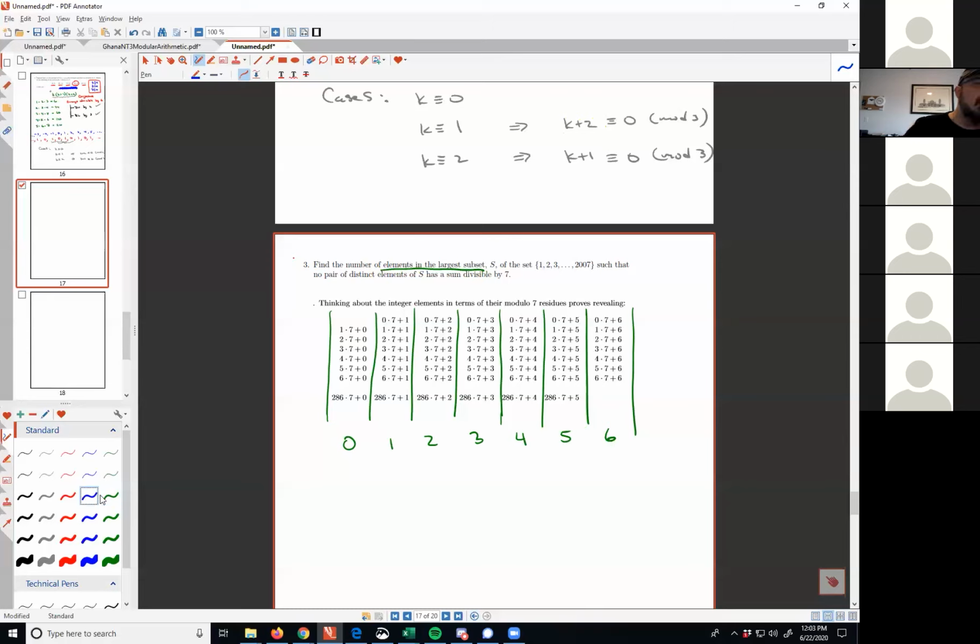Suppose I have an element that leaves a remainder of 1 when divided by 7. One of these. What could I not include in the set?